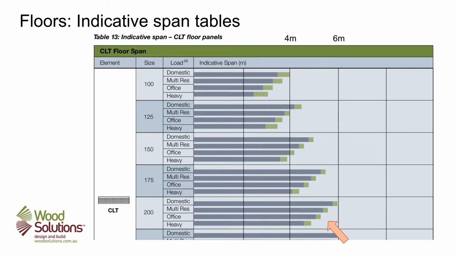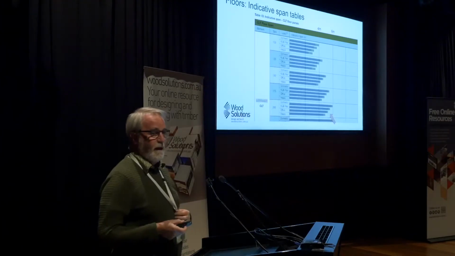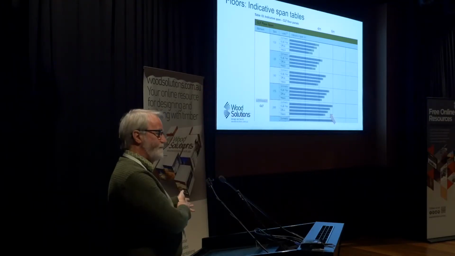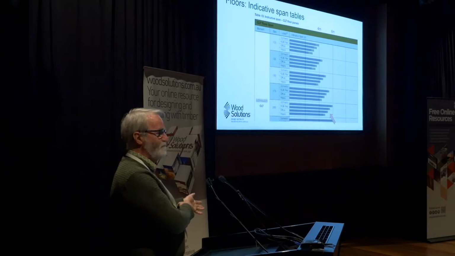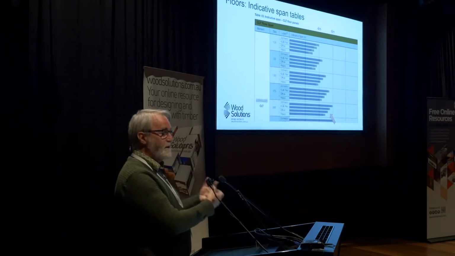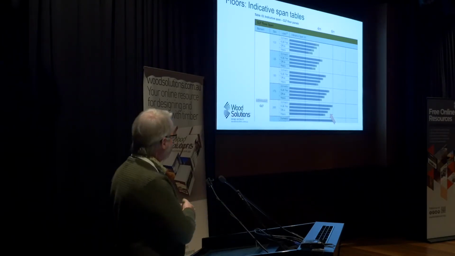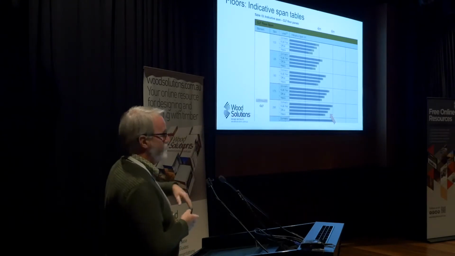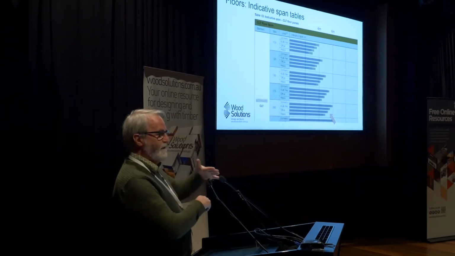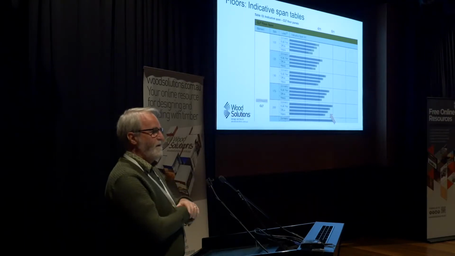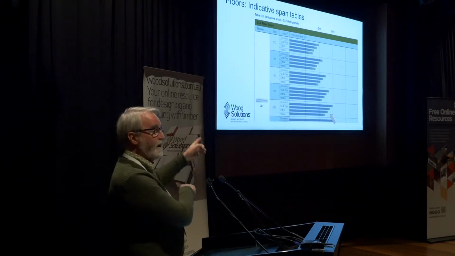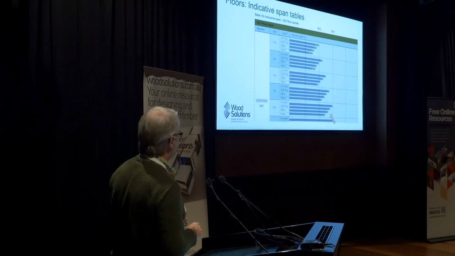Then we're going to know we're going to need a CLT panel of about 200mm. Now, of course, this isn't optimised, but again, we're not into detailed design, we're only into conceptual design at this stage. So this is providing us enough information to give a reasonable estimate of how much we're going to need to go a particular distance.